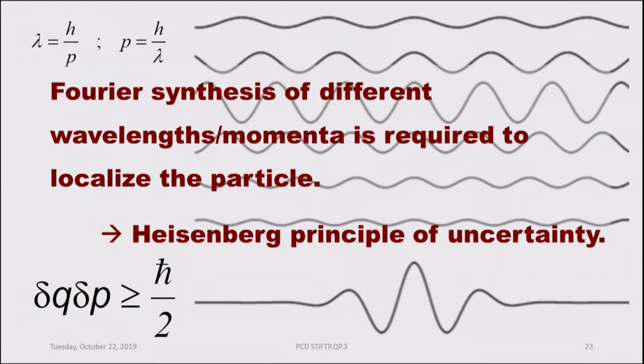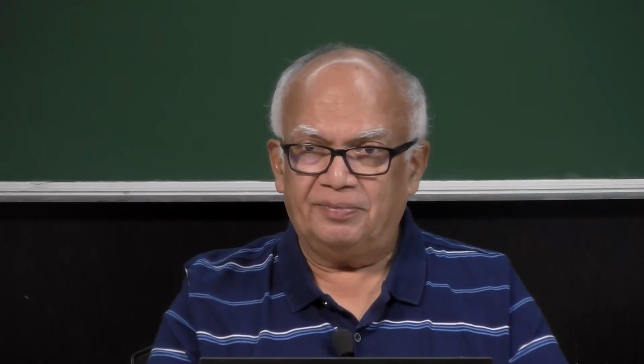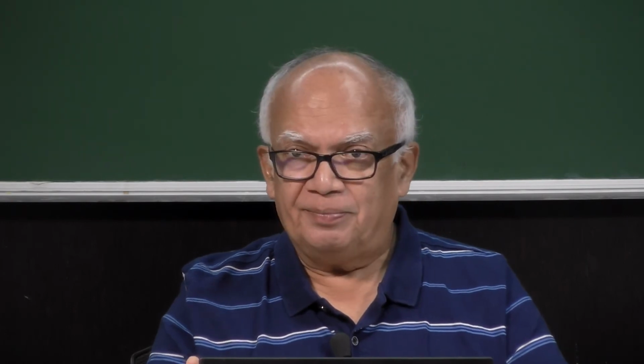And the more waves of different momenta you combine, the easier it is getting for you to localize the particle. So, this is complementary information. You have more information about the one, you lose information about the other, either which way. Okay?